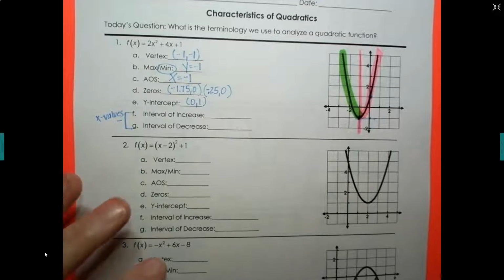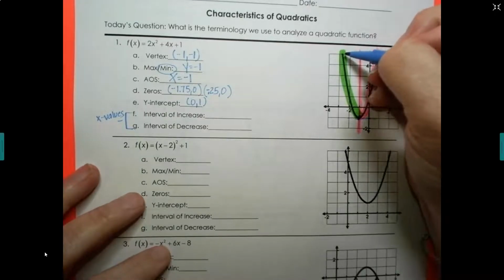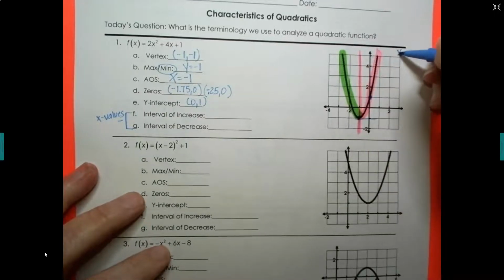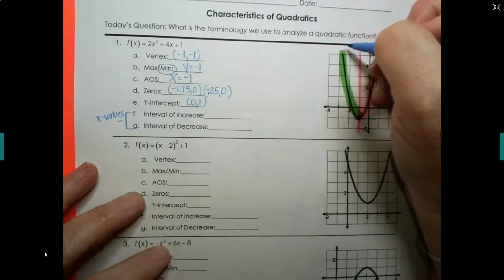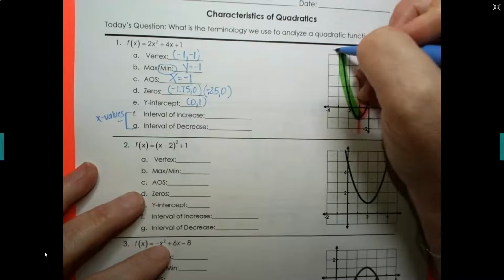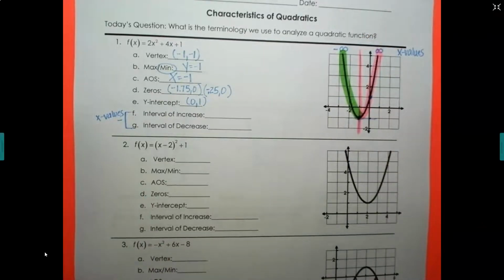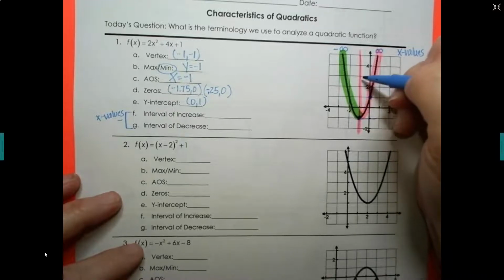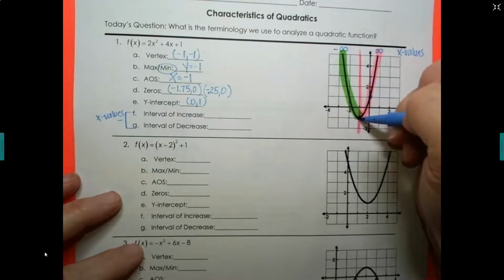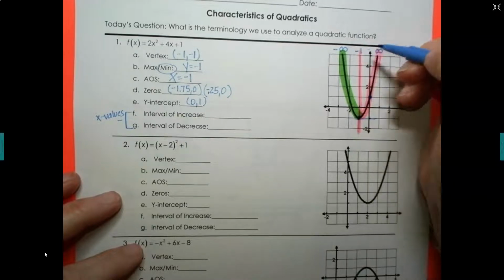So the important numbers here are, remember, we're talking about x values. These graphs are non-real world graphs, so they're going on forever and ever. So we've got -infinity and +infinity. And our axis of symmetry is x equals -1.